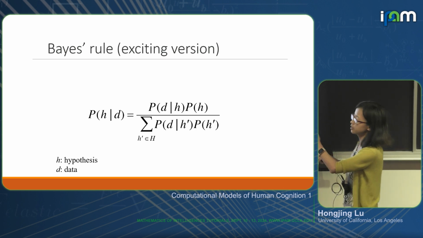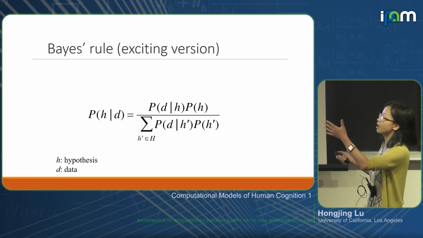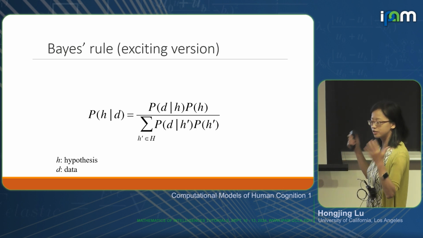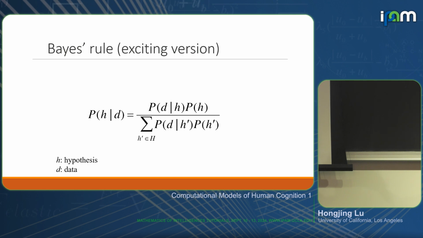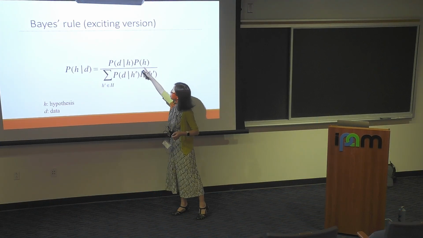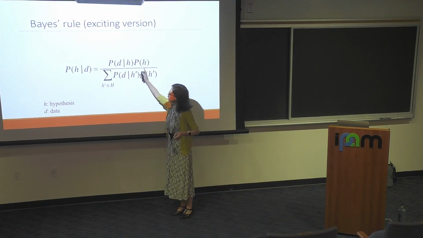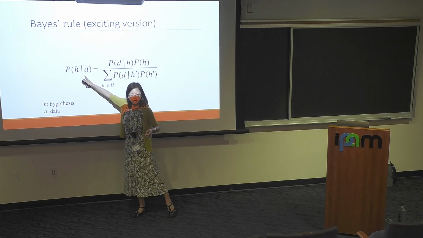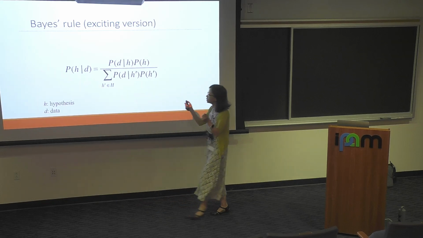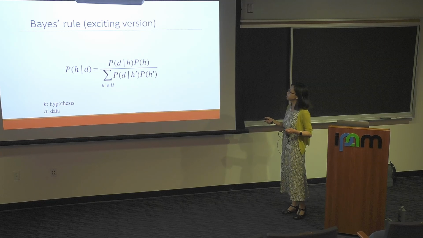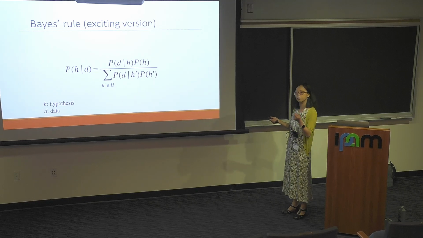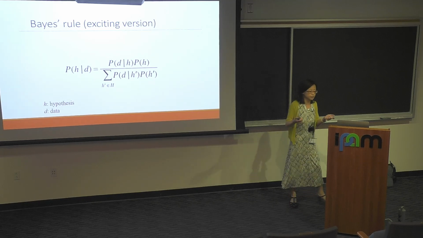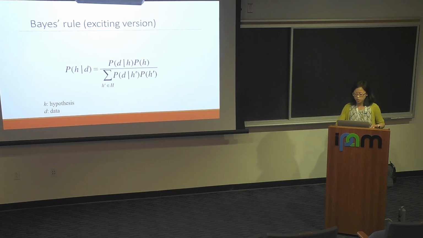So this is a so-called simple equation, but it tells you that you have some previous knowledge, and after I observe the data, I'm going to update my belief. You can decompose this into two components, likelihood and prior, and you can study them.